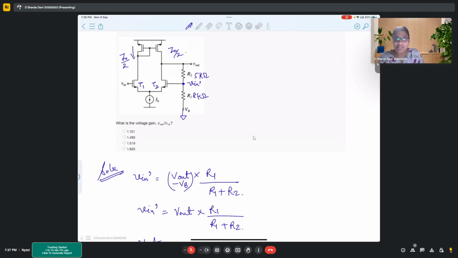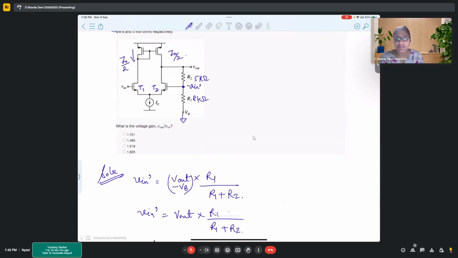These two are input transistors. For a differential pair, you should give two inputs to both T1 and T2. To T1, you already have the input V in, and to T2, you don't give an external input like V in 2. Rather, you have connected your output to this particular point in such a way that some part of your output is already being provided to the input.